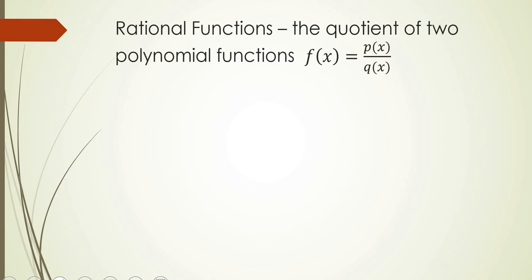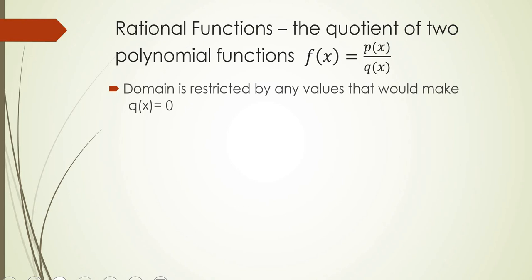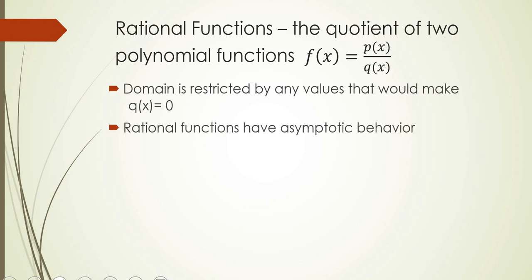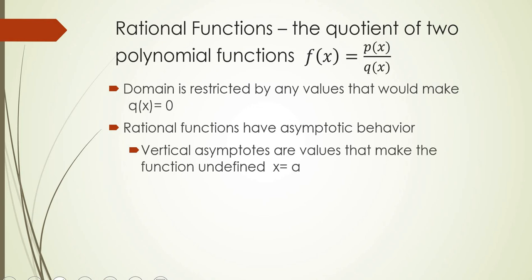So rational functions are the quotient of 2 polynomial functions. Domain is restricted by any values that would make q of x equal to 0. So x, when plugged into the q function, cannot create a 0. Rational functions have what's called asymptotic behavior. They have asymptotes. Vertical asymptotes are values that make the function undefined.